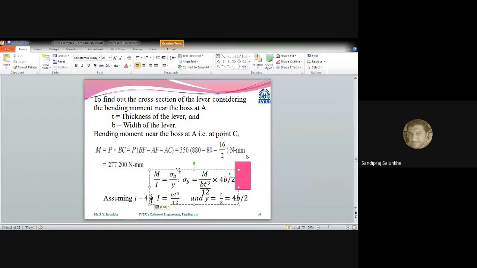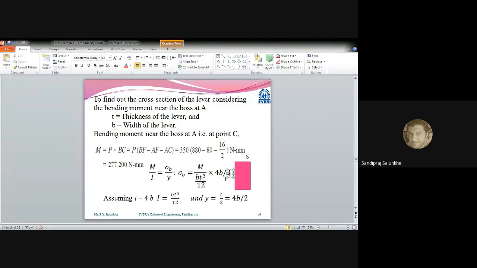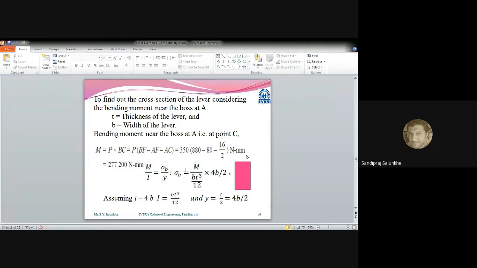Whether this equation is right: Sigma B is equal to M divided by bt cube by 12 into 4b by 2.